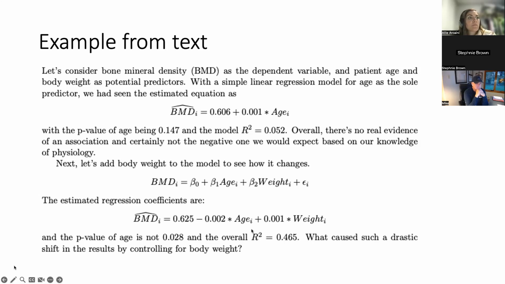The p-value also changes. So that's a typo from the book. It should say now. So instead of the p-value for age being 1.47, the p-value is now 0.028. And our R squared goes from 0.05 to 0.465, which is a big change.